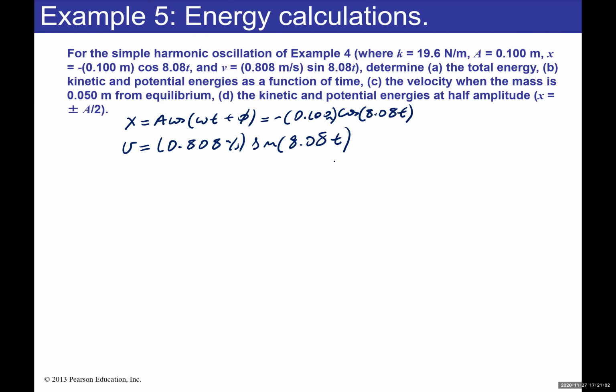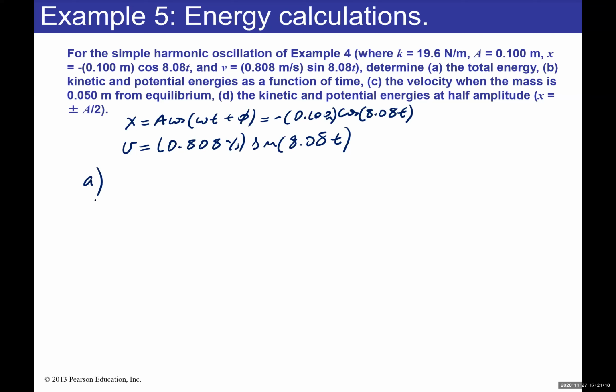So I'm given those. Then I can use those to get some of the information, which was part A, asking for the total energy. So let's look at part A.